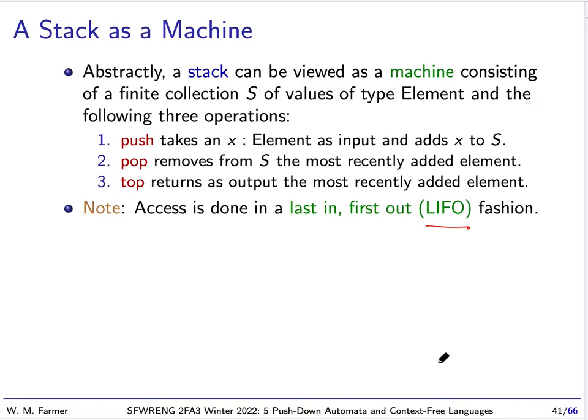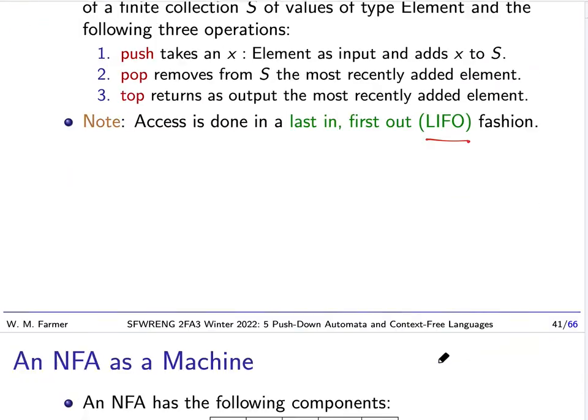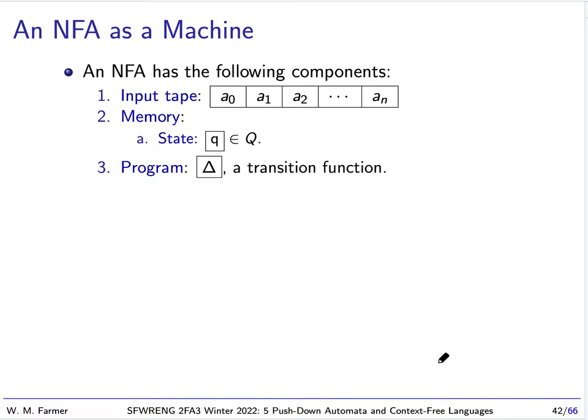Okay, now in analogy to this, we of course can think of a non-deterministic finite automaton as a machine. We can also think of it as a value. Remember, when it was defined, it was a certain kind of tuple. So we've already been thinking about NFAs as both values and machines, but if we think of it as a machine, it has an input tape.